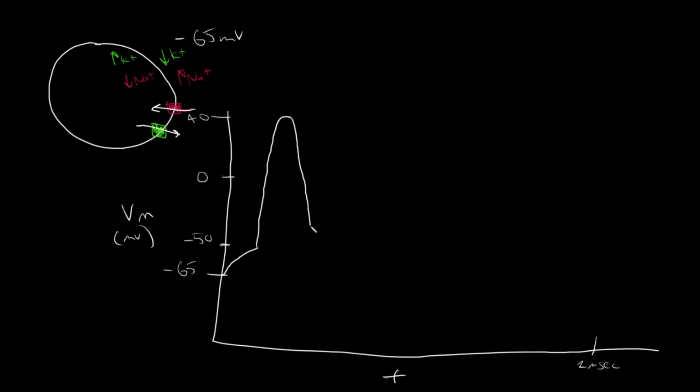So fast, it gets to negative 65 millivolts, and even what we call undershoots, until these voltage-gated potassium channels close. So it gets to around negative 80 millivolts, where potassium's equilibrium potential is. So it undershoots your resting membrane potential and gets even closer.